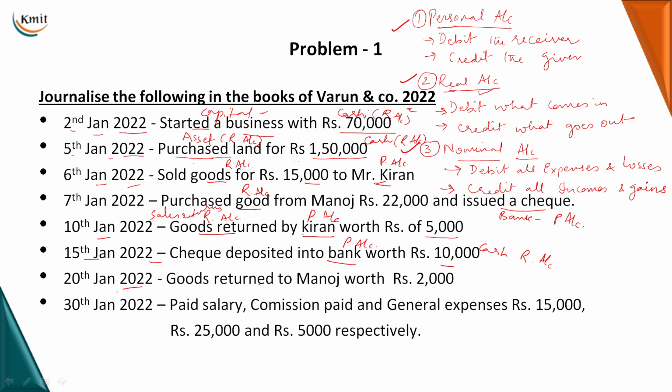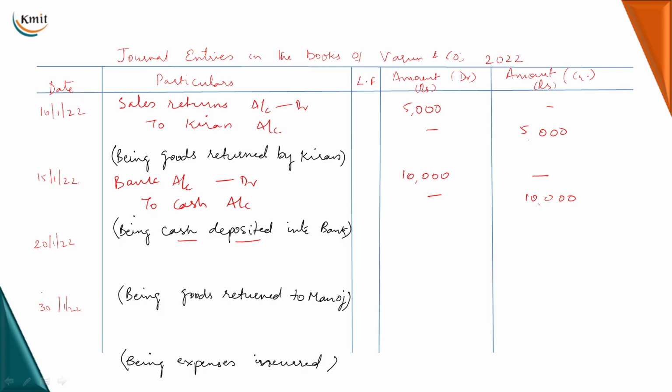Next one, on 20th Jan 2022, goods returned to Manoj. Manoj is a personal account. Goods returned means you are returning the goods that have been purchased. We refer to it as purchase returns, that is a real account. So one is a real account and one is a personal account. When goods are being returned, who is receiving them? Manoj is receiving them. So according to the personal account, debit the receiver, and according to the real account, credit the purchase returns account.